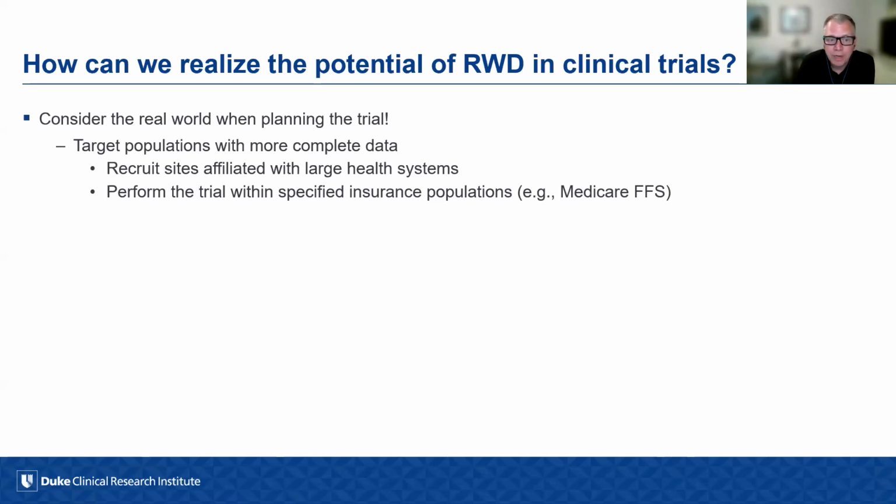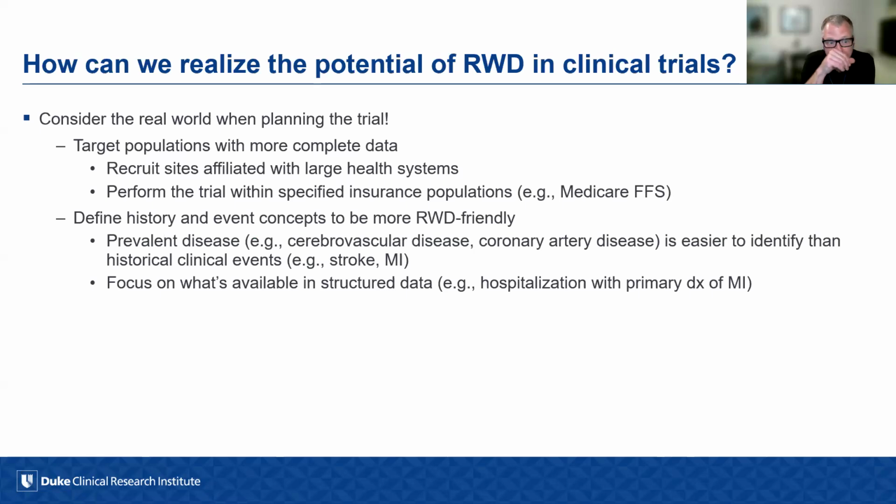Perform the trial within a specific insurance population, whether that's a private insurer or public insurance like Medicare fee for service. You definitely have to define the history and event concepts to be more real world data friendly. Keeping in mind that things like prevalent disease, if you're looking at history, is much easier to identify than historical clinical events, which may have happened years ago prior to the data that you've got.